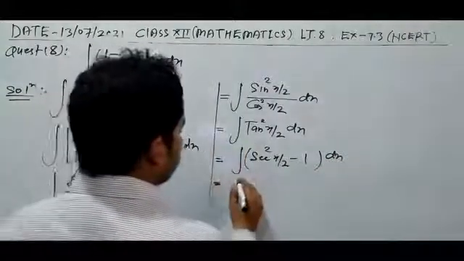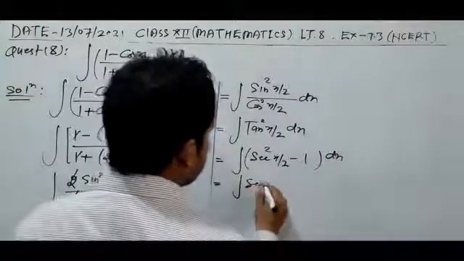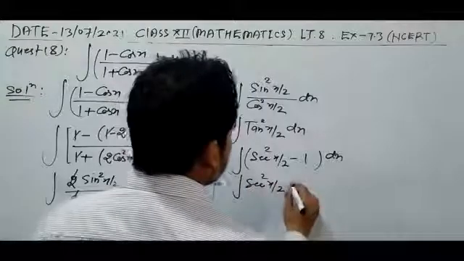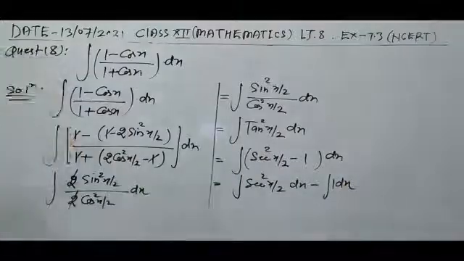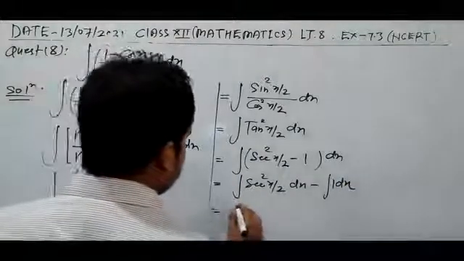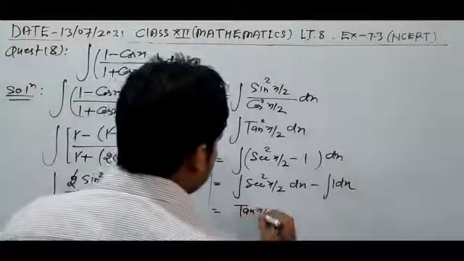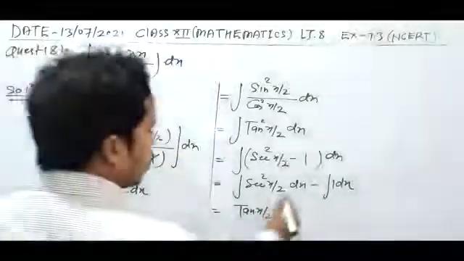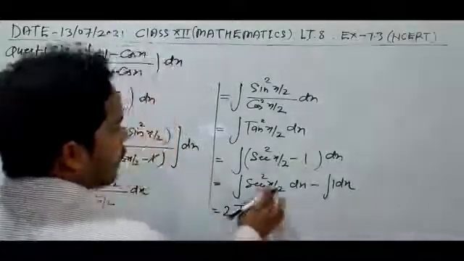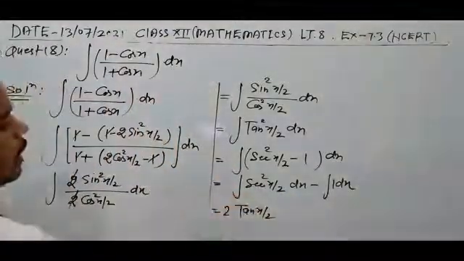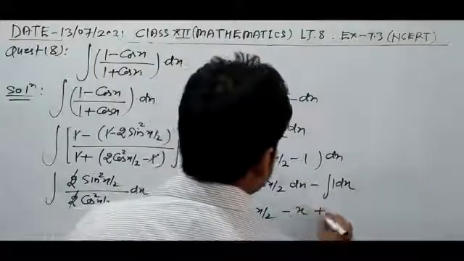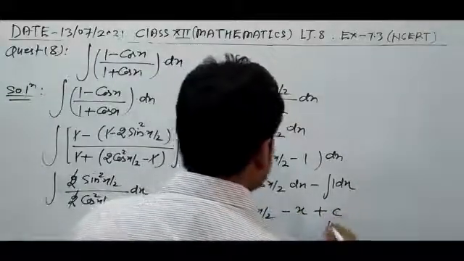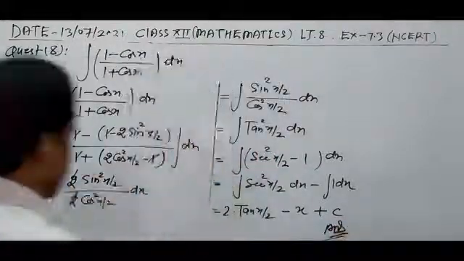Now this integration will be in two parts: sec square x by 2 dx minus 1 dx, and the integral of sec square x by 2, you know its result is tan x by 2 with 2, because x by 2 differentiation is 1 by 2 and its reciprocal is 2, minus x plus c. So this will be the answer.